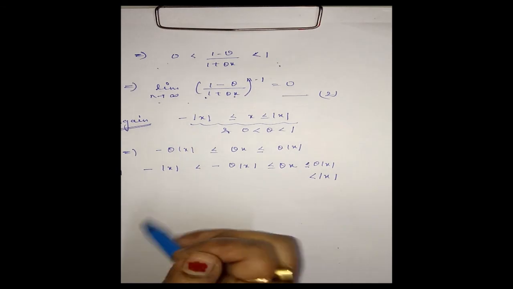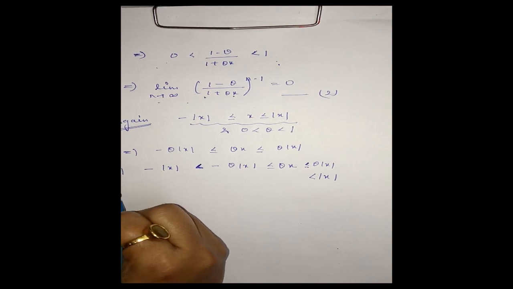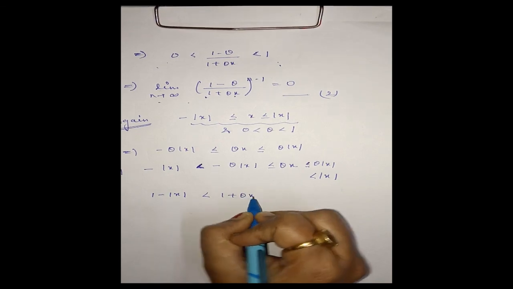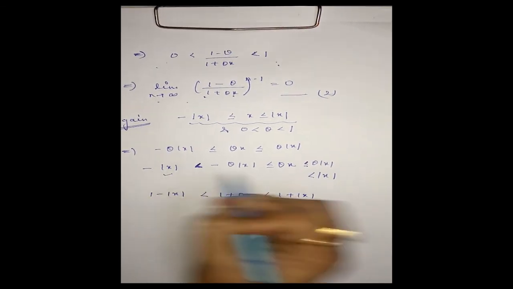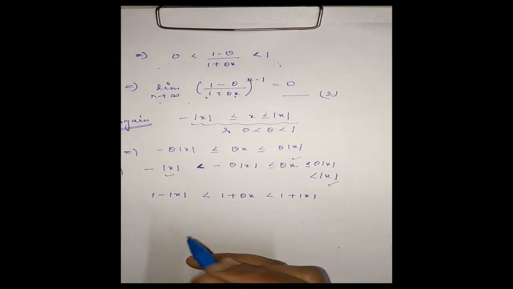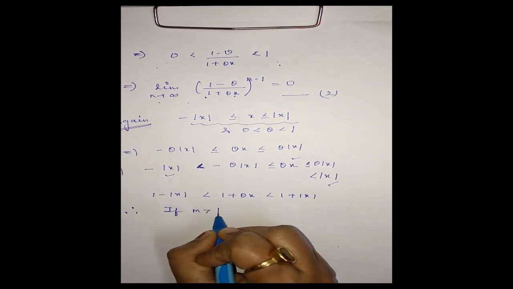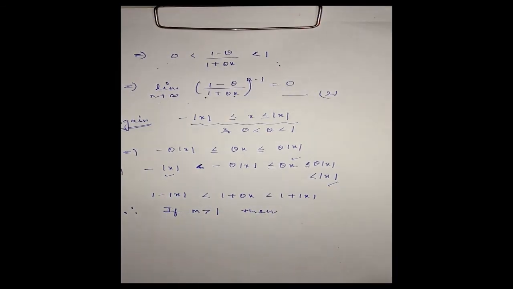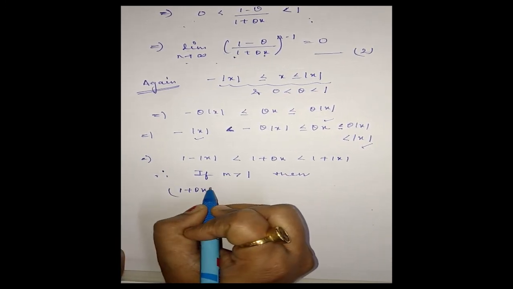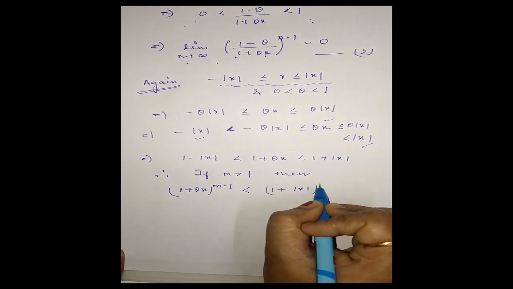We have this inequality, sorry. Now here adding 1 we get, adding 1 here, we have this. Okay, now if m is greater than 1, then (1 plus theta x)^(m minus 1) will be less than (1 plus mod x)^(m minus 1) from here.